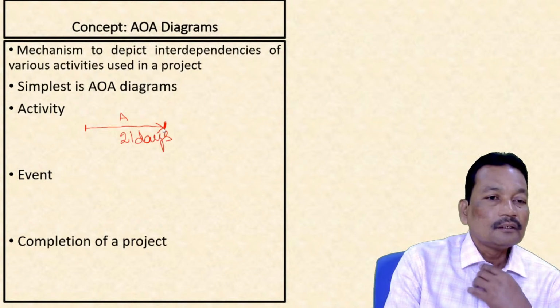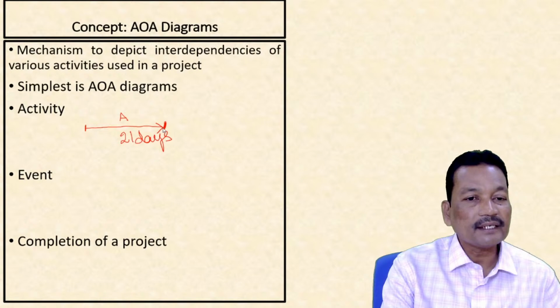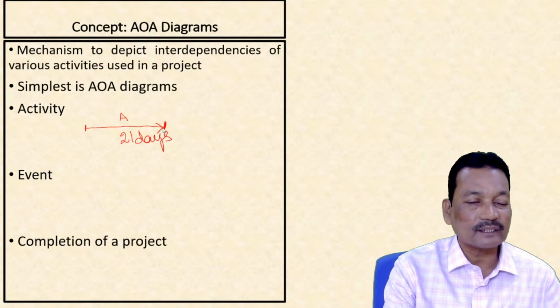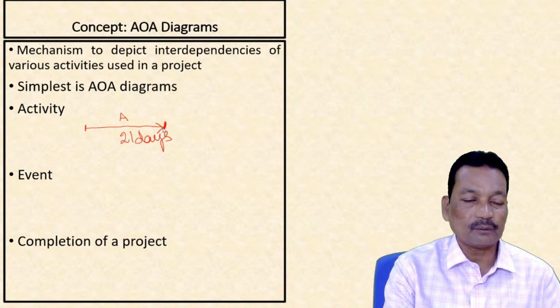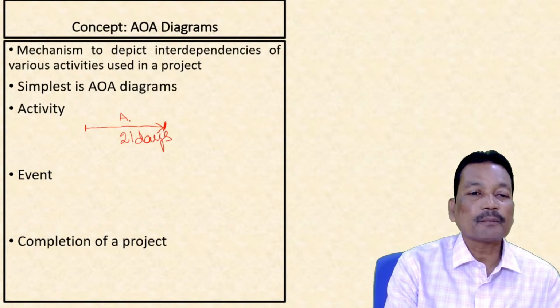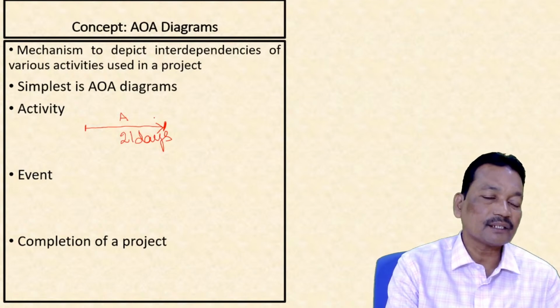Now, this is the representation of an activity in our network diagram. We can have many activities, we can represent it through English capital letters. Suppose somebody may ask if it is more than 26. We can go on for A subdenotation 1, A2, A3 or AA, AB, AC. Like this we can represent.